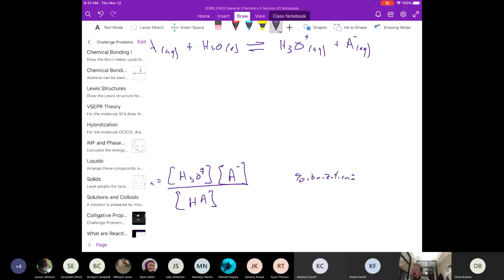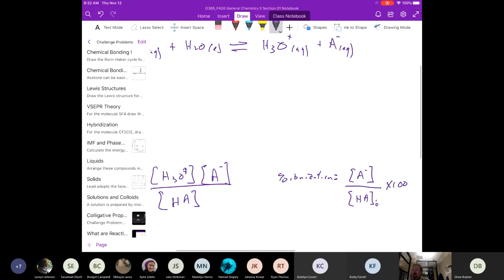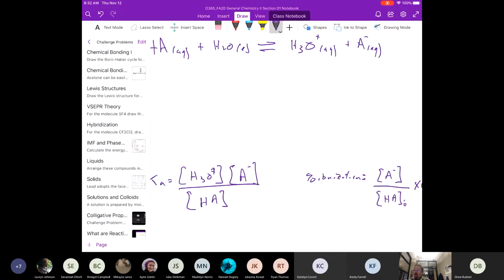So in this case, that is going to be the amount that is ionized, the part of it that is an ion, this A minus, divided by the amount that's totally there, which would be this HA initial, times 100 to make it a percent. Okay, so now we've defined all these terms.